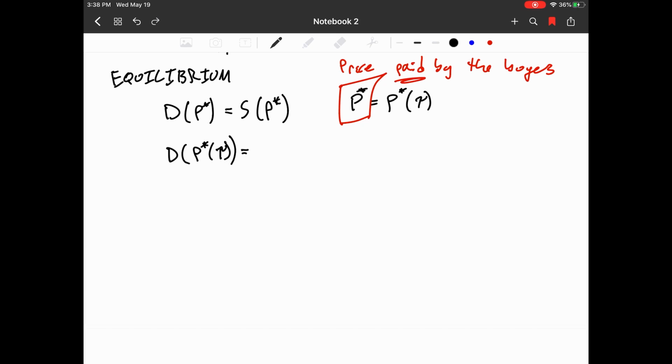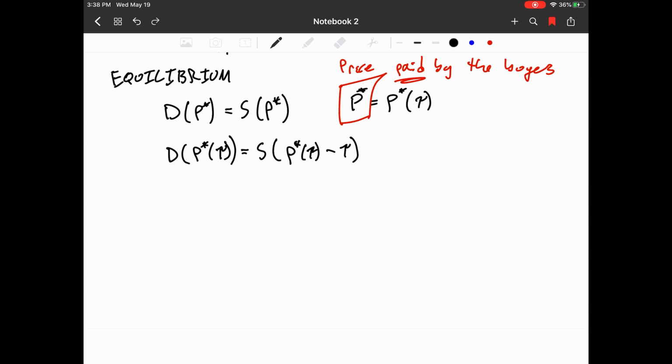And we know for the supply curve, sellers are receiving P star in equilibrium with the tax, but they're giving up the tax going to the government. So this is the notation.